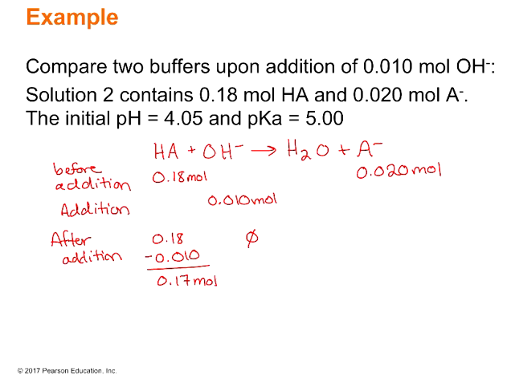And then we should end up with more conjugate base, so we're going to add 0.02 and 0.01. So after this reaction, we'll end up with 0.03 moles of conjugate base. Okay, so now let's plug these values into the Henderson-Hasselbalch equation.